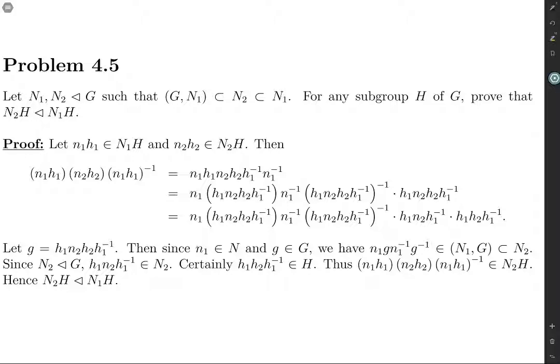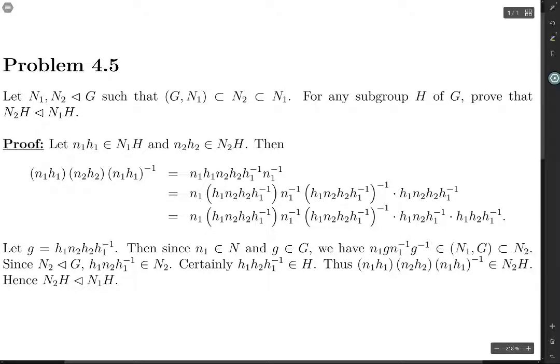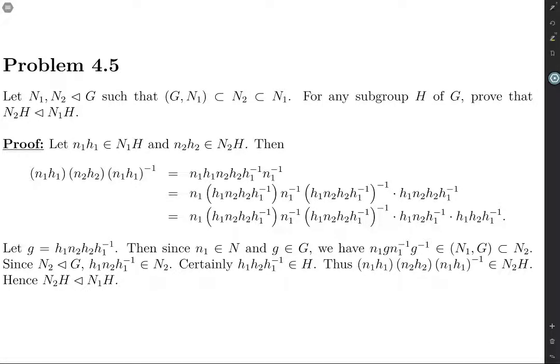So anyways, let's take some n1h1 in N1H and n2h2 in N2H, these guys. Then conjugate n2h2 by n1h1, and then you get this thing. And then, let's see here, what do we do here?